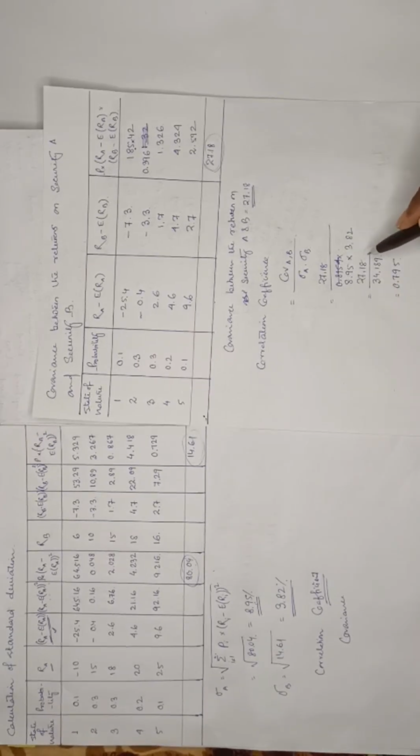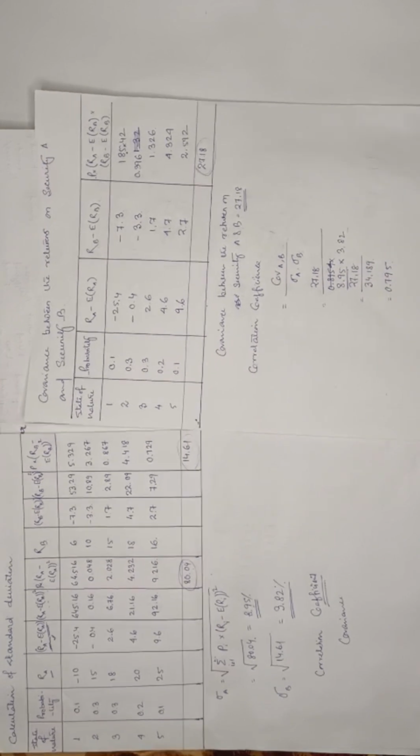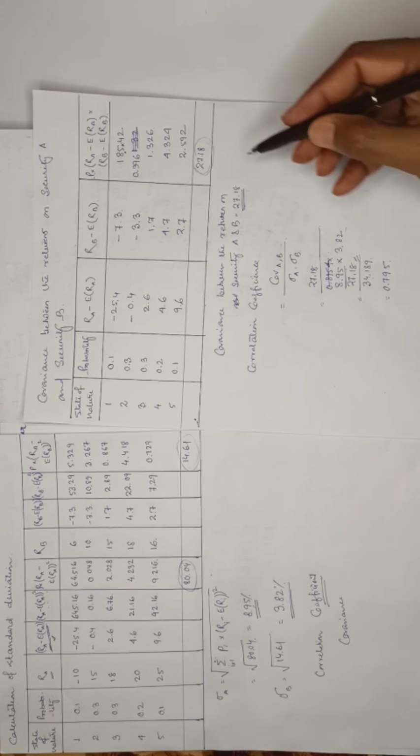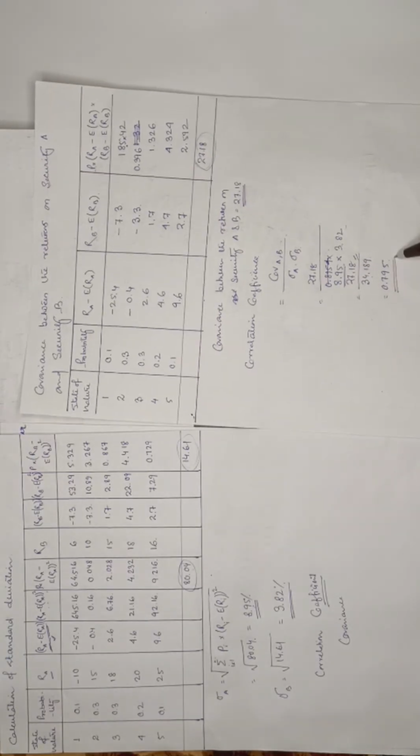The product of the standard deviations of asset A and asset B is 34.189, and the covariance value that we have calculated here is 27.18. So the correlation coefficient value is 0.789. So I got almost all the information to calculate the portfolio risk.